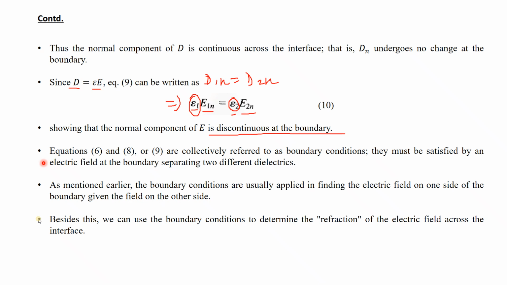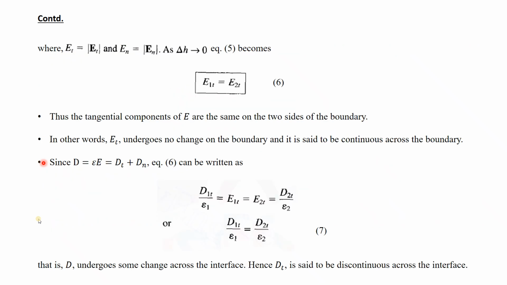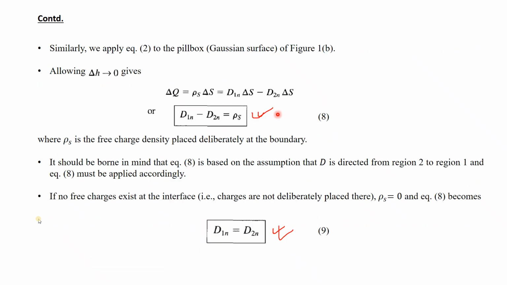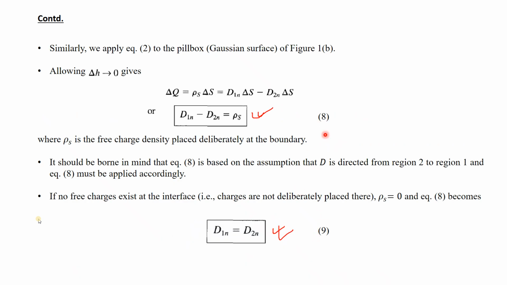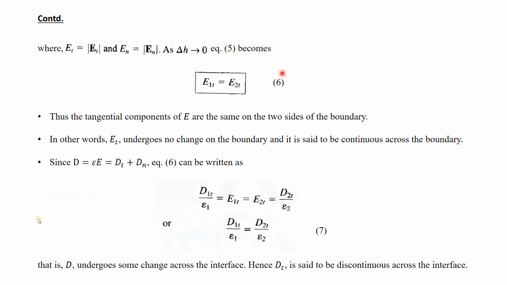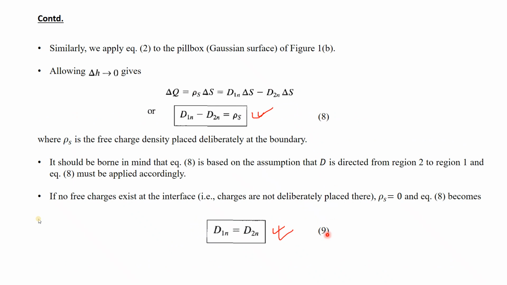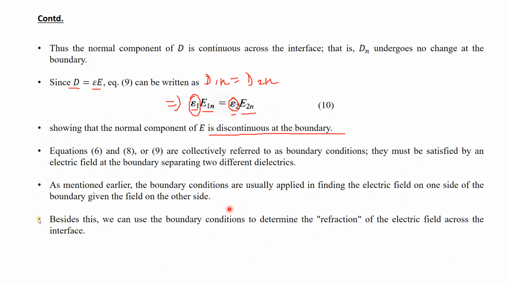These are the main boundary conditions, 6, 8 and 9. Why 8? Because if charge exists, we will use this equation. If no charges exist at the boundary, we will use this equation.